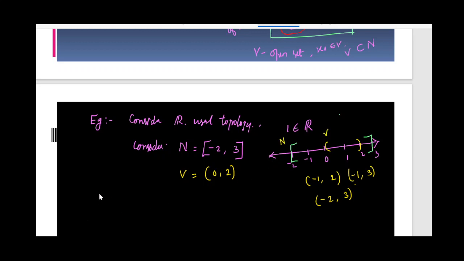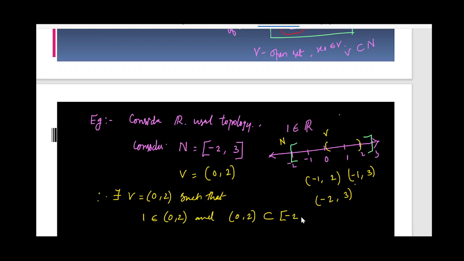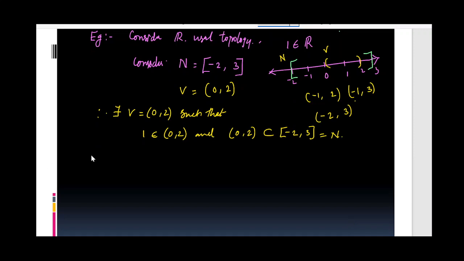So what's the conclusion? Therefore, there exists V equal to (0, 2) such that 1 is contained in (0, 2) and (0, 2) is completely contained inside [-2, 3], which is equal to N. This implies that N, that is [-2, 3], is a neighborhood of 1.